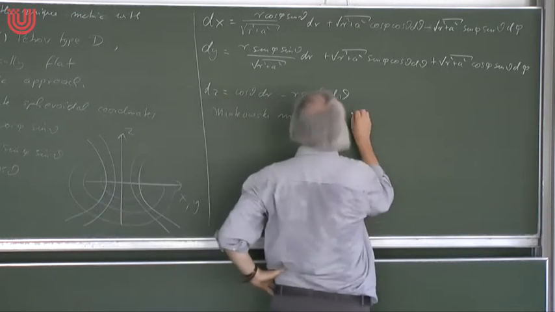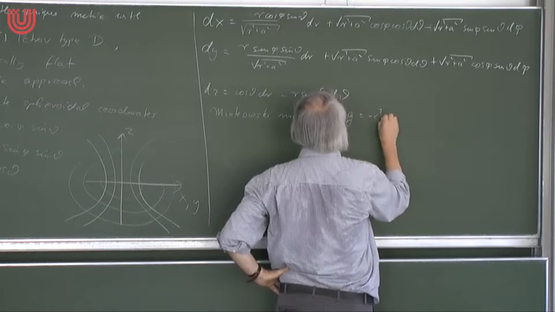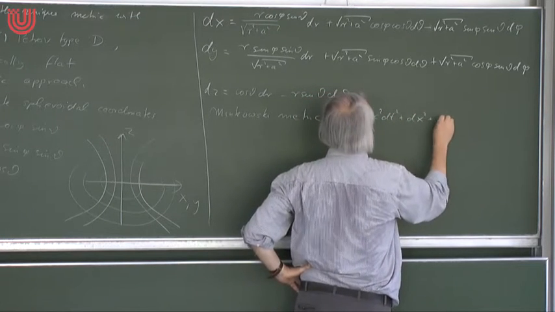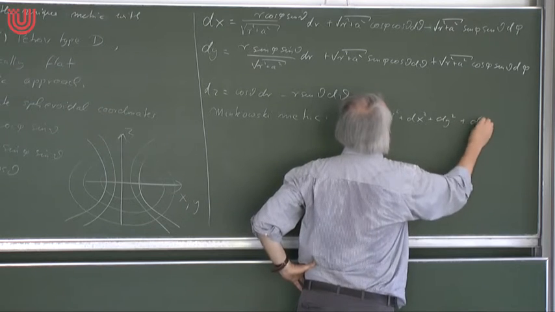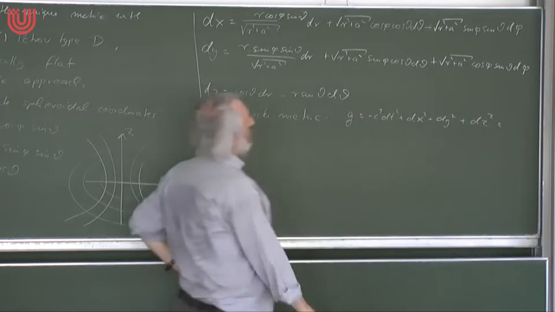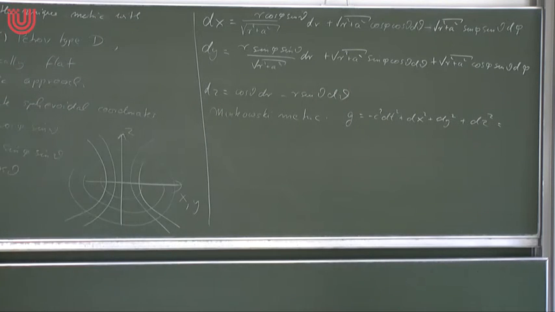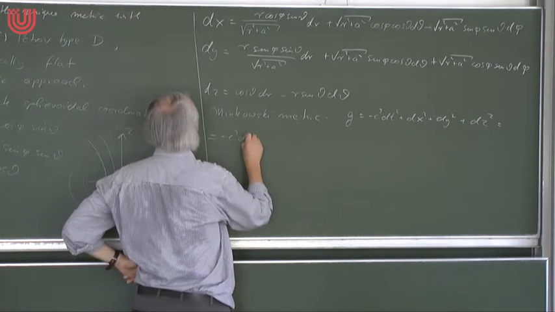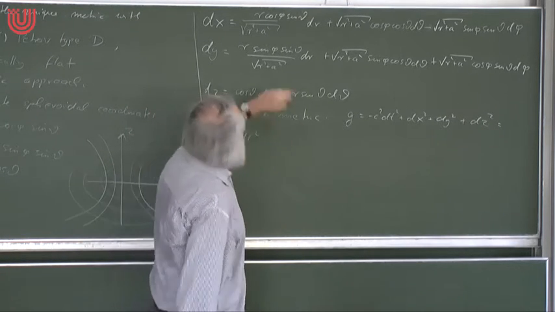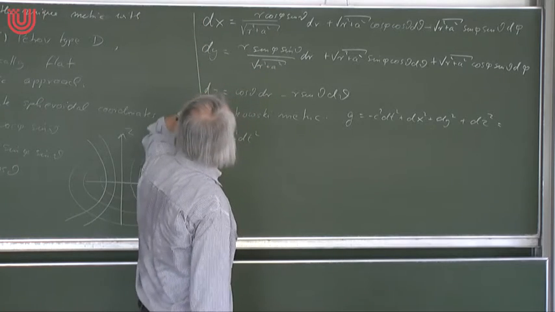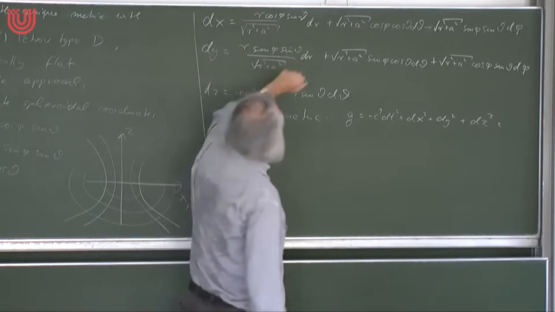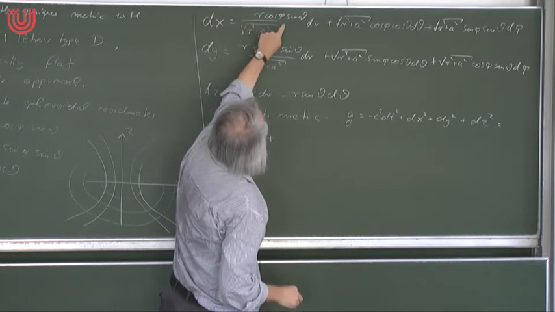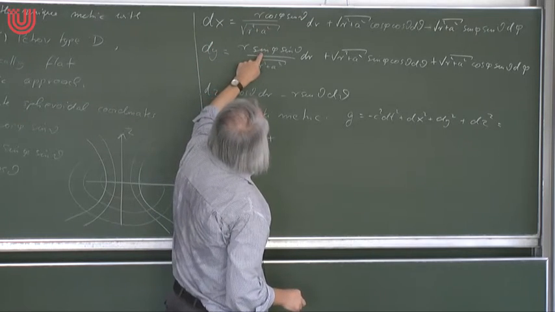So the Minkowski metric is, of course, minus c squared dt squared plus dx squared plus dy squared plus dz squared. And the first term is unaffected. I don't do anything with this. Now I have to square these expressions. So let me collect the terms with dr squared. With dr squared, I get cosine squared plus sine squared, which gives 1.